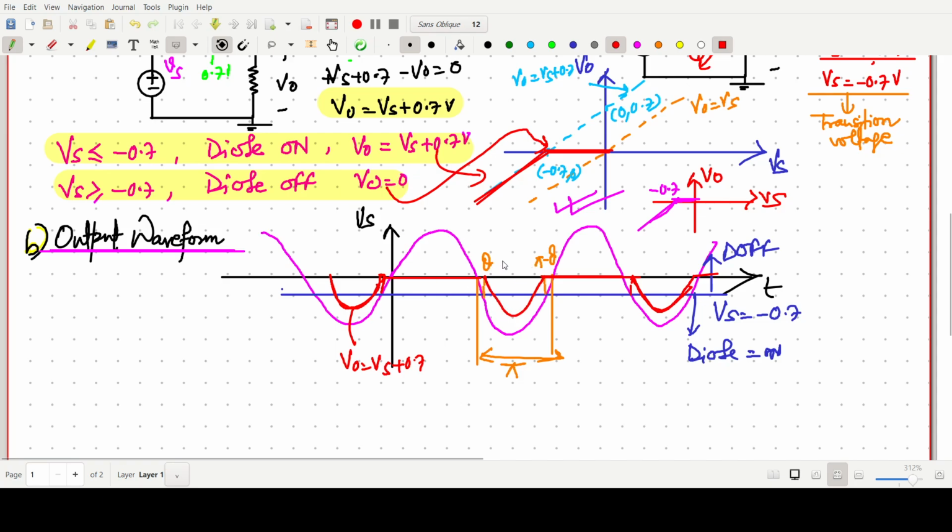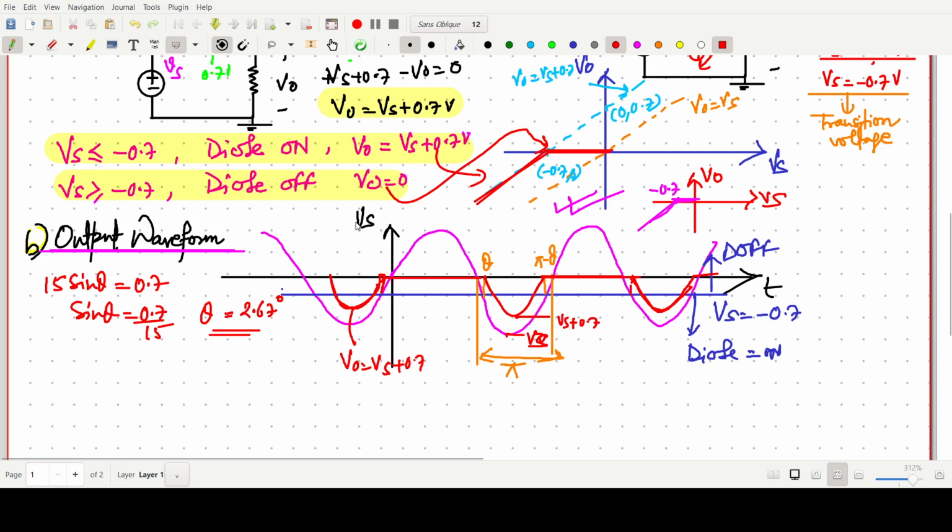Here a negative 1 is there, so it should be plus. This theta can be easily calculated: if this is 15 sine theta and 0.7, then sine theta will be 0.7 by 15. This gives theta equals 2.67 degrees. So this is the output waveform.